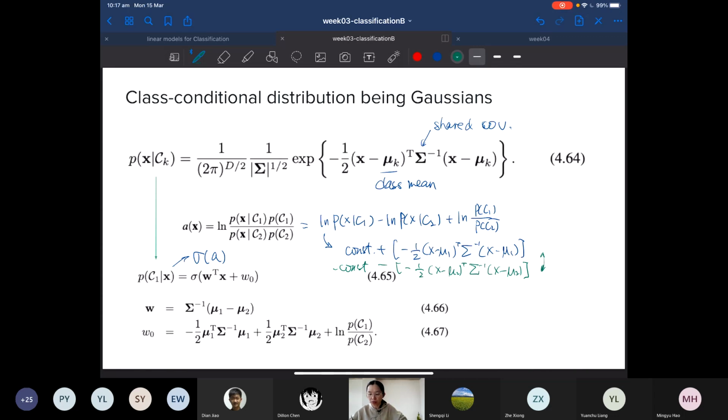Now the quadratic term cancels, and for the linear term next to x, when we expand the quadratic expressions, there's a 2 mu1 times x that cancels out with the 1/2 there. So it's basically mu1 transpose sigma inverse x, since we want x to be last.